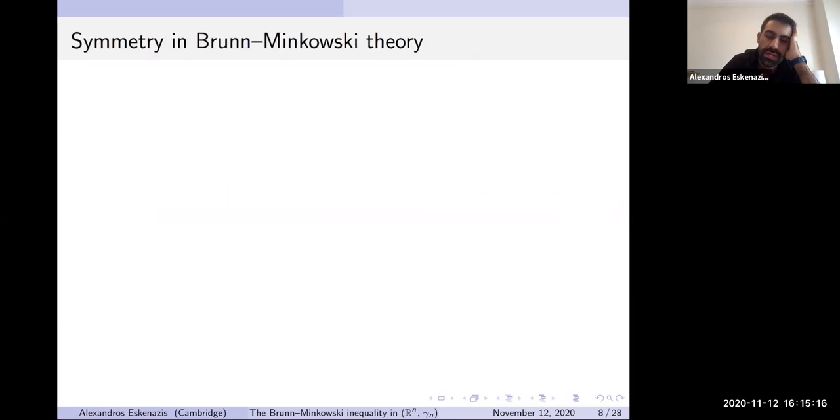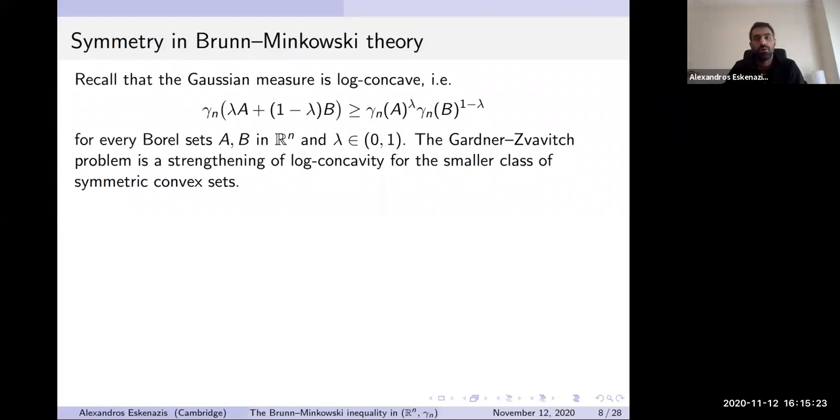So let's see what's the idea here. There's a bigger phenomenon. Recall that the Gaussian measure is log concave. That's a classical fact. So the Gaussian measure of the Minkowski convex combination of two Borel sets is bounded below by the geometric mean of the measures of the sets.